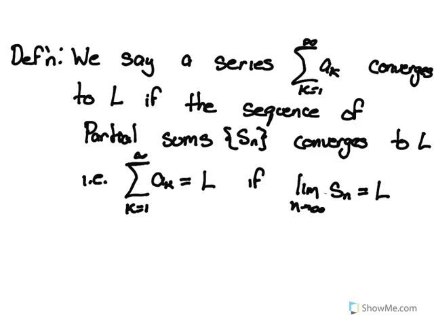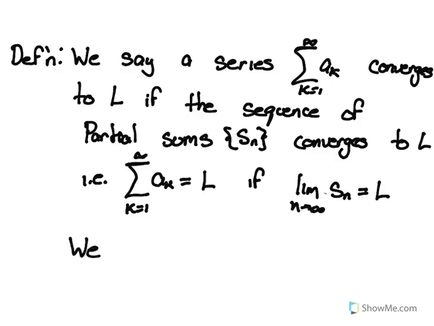We've formally defined what it means for a sequence to converge to a value L in the last few lectures. So we use that definition here to define what it means for a series to converge to a value L, or in other words, what it means for an infinite sequence of numbers to add up to L.